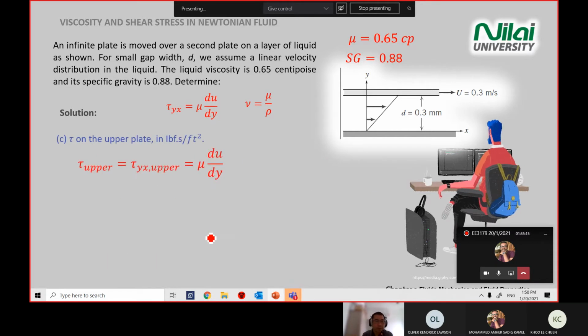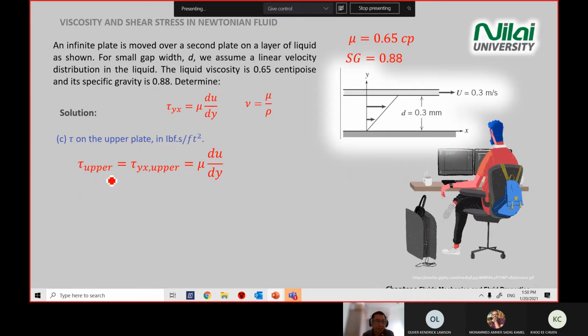Okay, we need to go a bit faster. So for section C, it is in imperial unit again, pound second over feet square. We need to analyze the upper layer. So we just write the formula, shear yx upper equals mu du over dy.